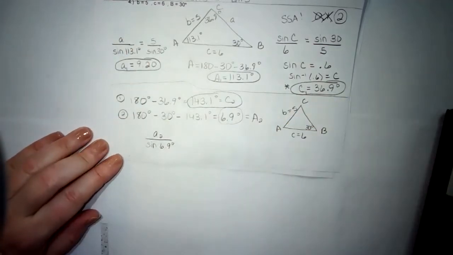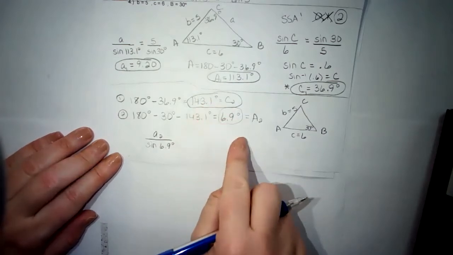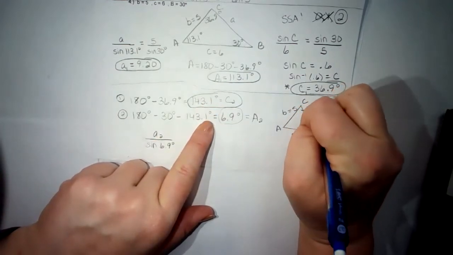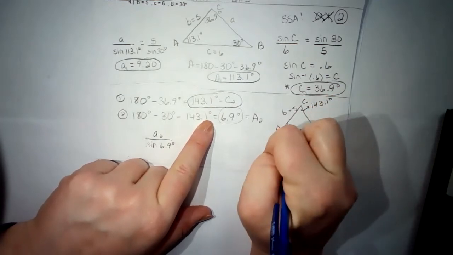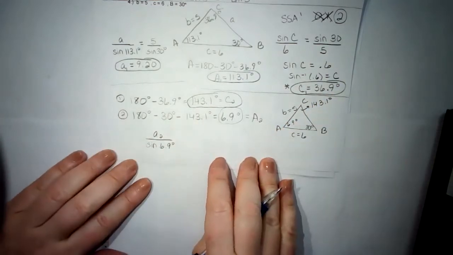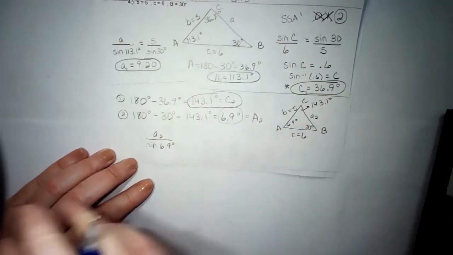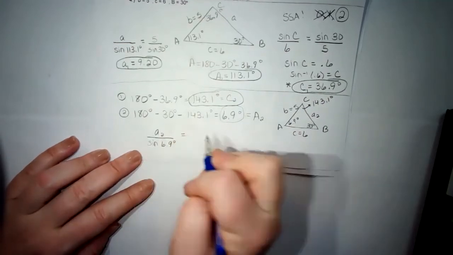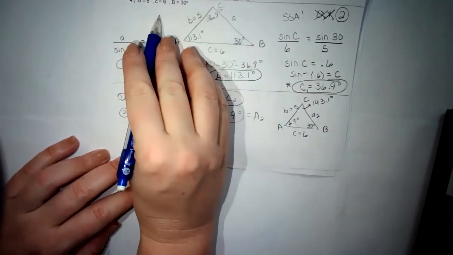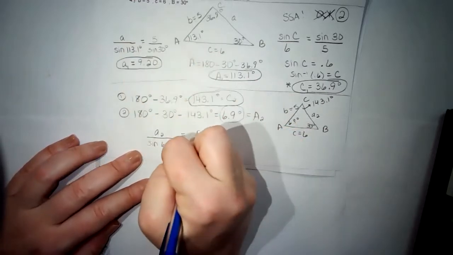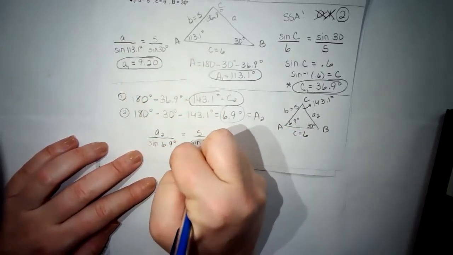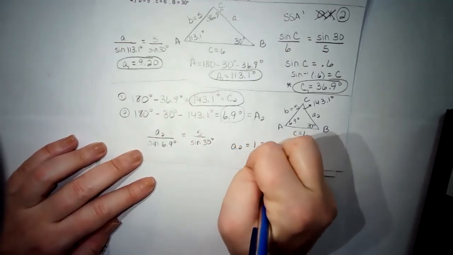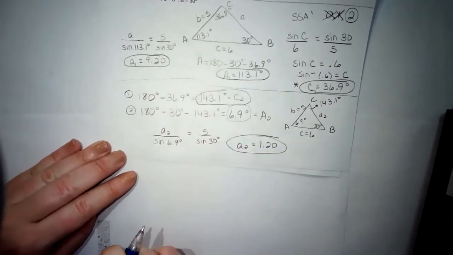It doesn't change. You can fill in the information you came up with. This angle C is 143.1. This angle A is this. And then make sure that you remember what goes where. Okay, we're going to use the given information from up here. We're going to put 5 over sine of 30. And when I solve him, I get a little bitty side of 1.20.